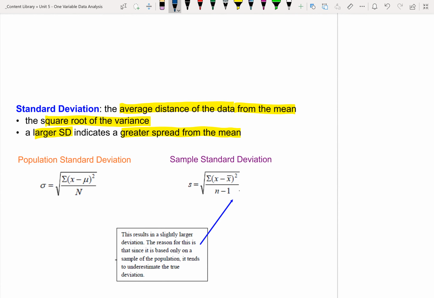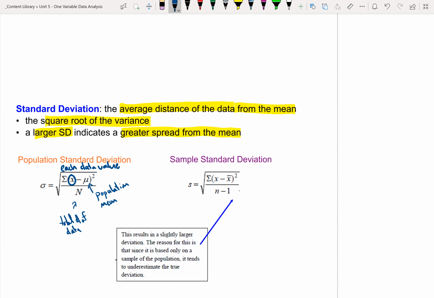So what these variables mean are: x is each data value, mu is our population mean, n is the total number of data, and then we have our symbol for it.